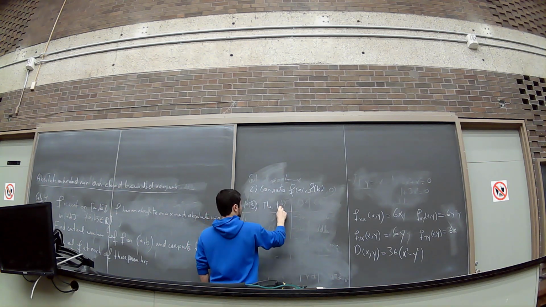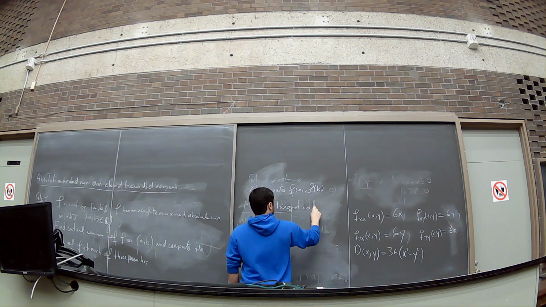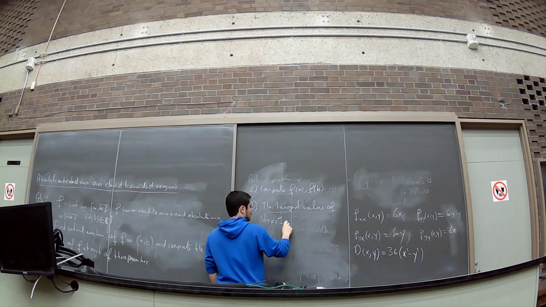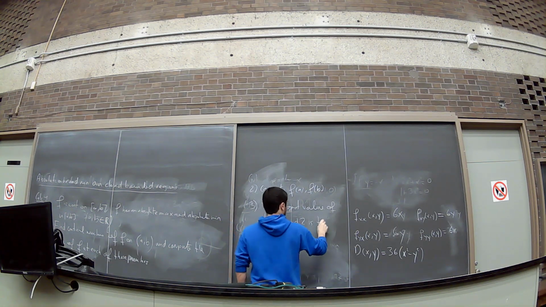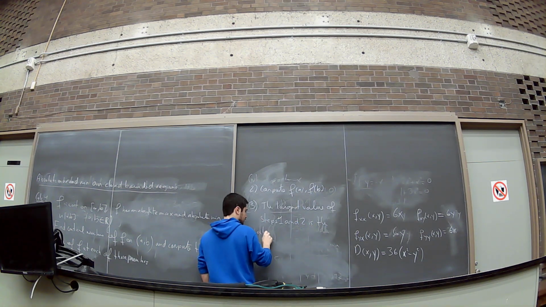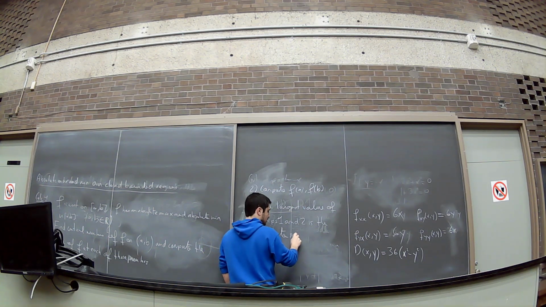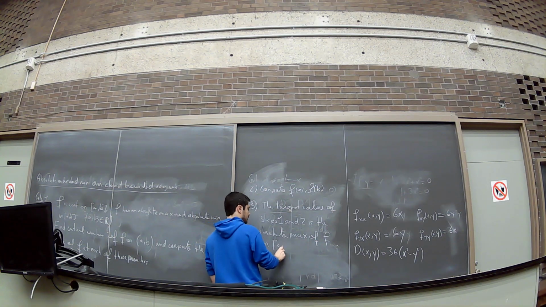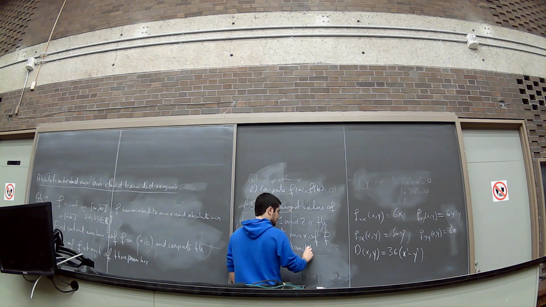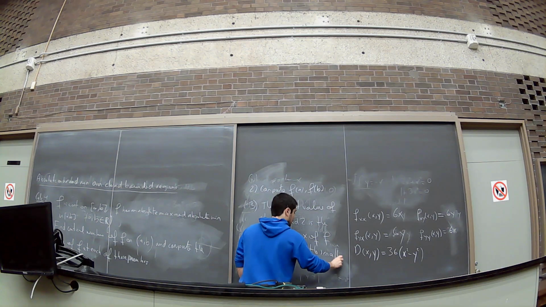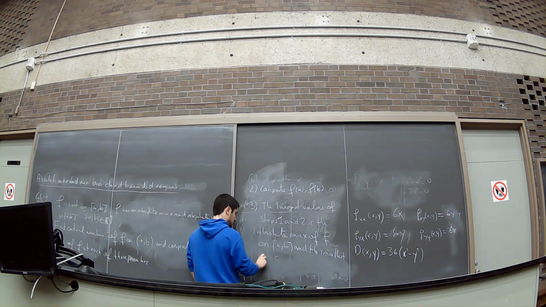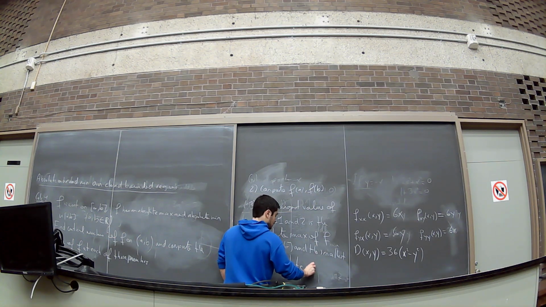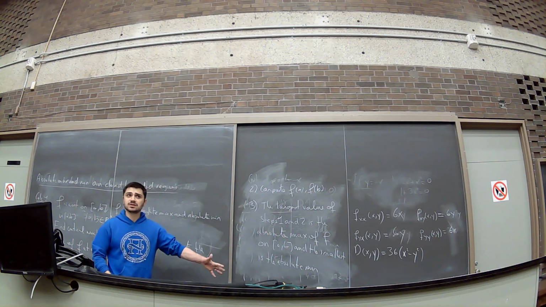The largest value of steps 1 and 2 is the absolute max of f on [a, b], and the smallest is the absolute min.